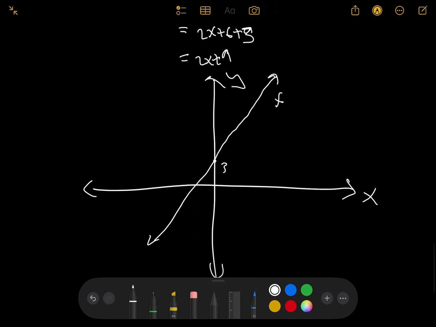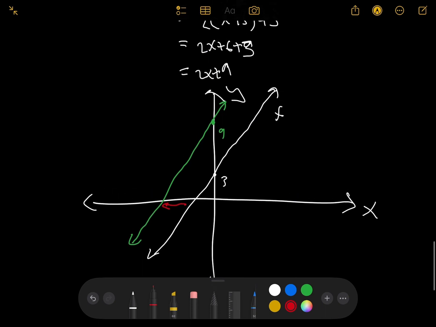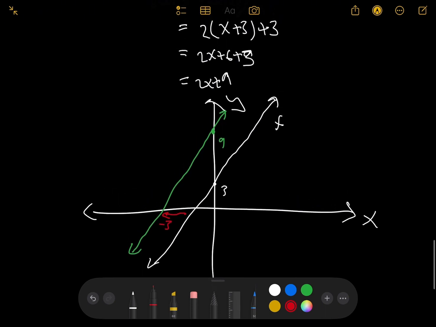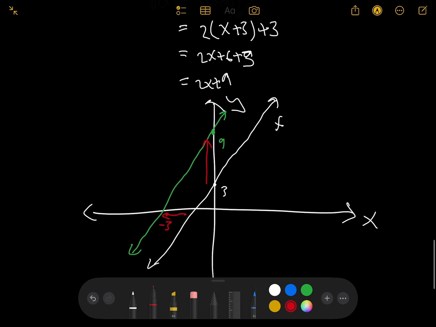But then what you'd notice with the graph of g is that it will actually pass through 9, as we can see from the new equation. What you notice as well is that it moved to the left by how many units? It moved to the left by 3 units. And then how many units did it move upwards? It moved upwards by 6.